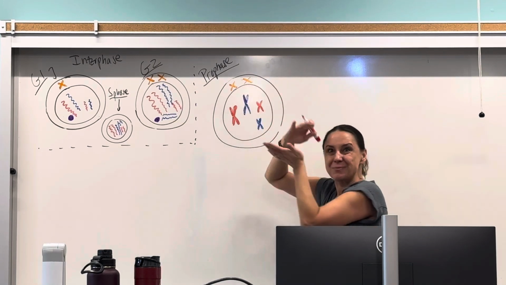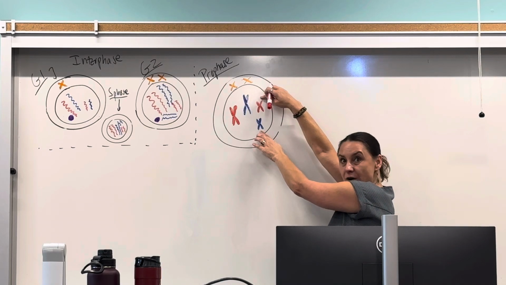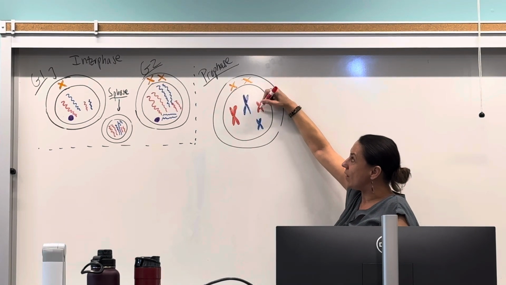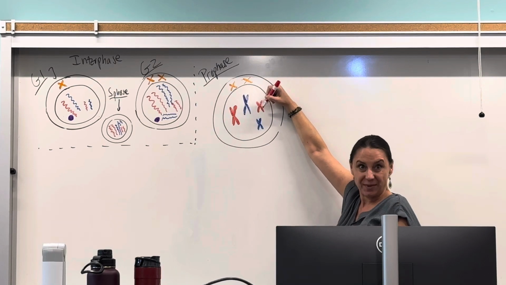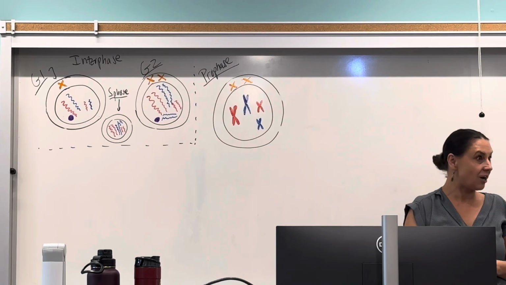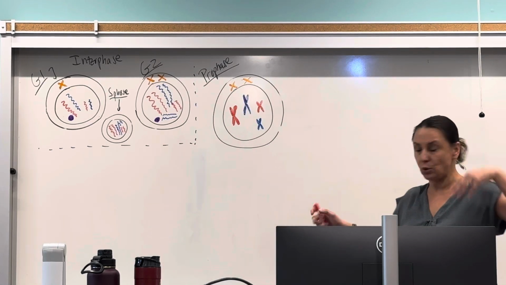That's why I'm trying to make them the same length. But this red and this red, are they identical to one another? Yes, identical. You just copied them. This blue guy, identical to one another? Yes, these sister chromatids are identical to one another right now. Yes? Okay, so that's two things that happen.